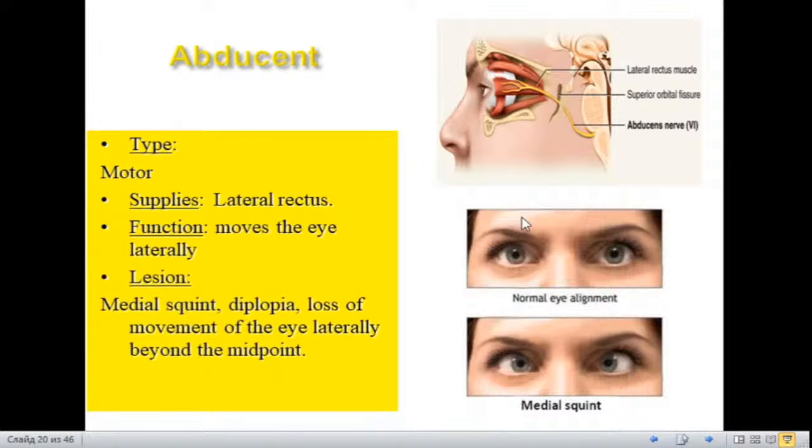A lesion to the abducens nerve causes similar signs as the trochlear nerve and oculomotor nerve: strabismus, diplopia, and disturbances of movements of the eyeball.